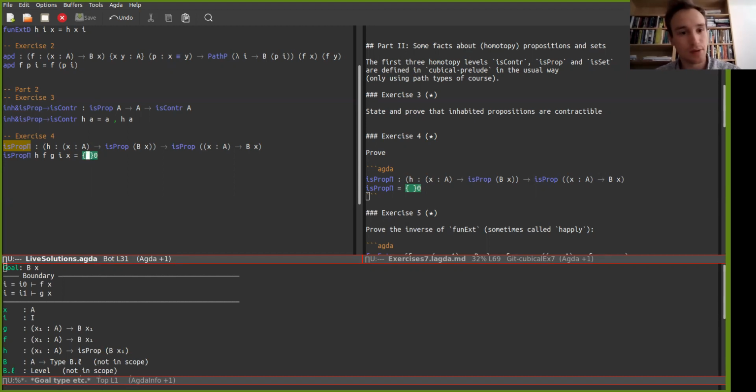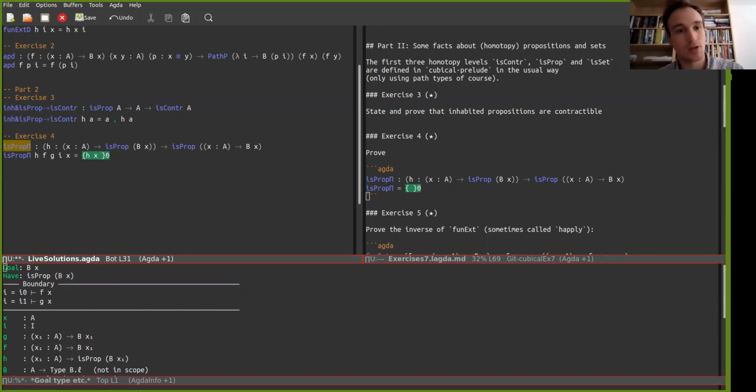If we look at what we can do, we have our dependent functions f, g, x, but we can also plug in x into h. So we want something of type b of x that matches f of x and g of x on the boundaries. And we have the information that b of x is a proposition, right?